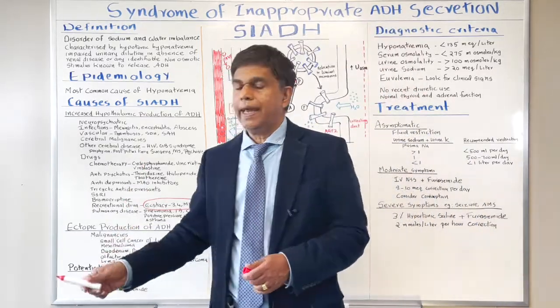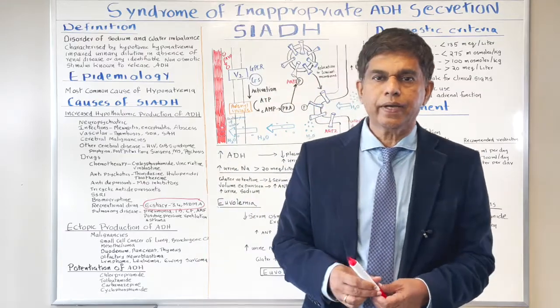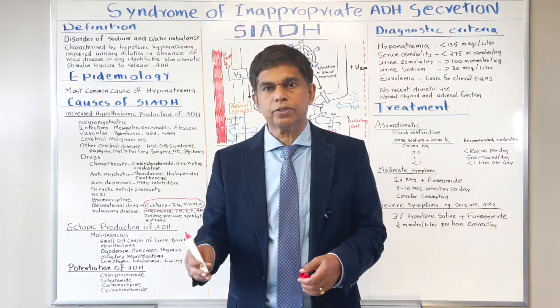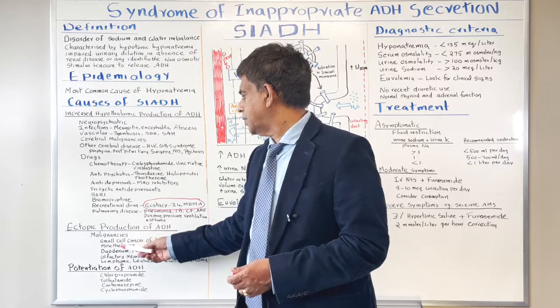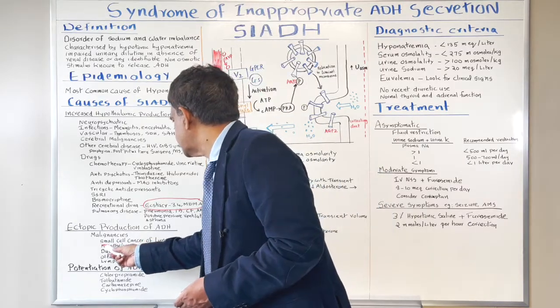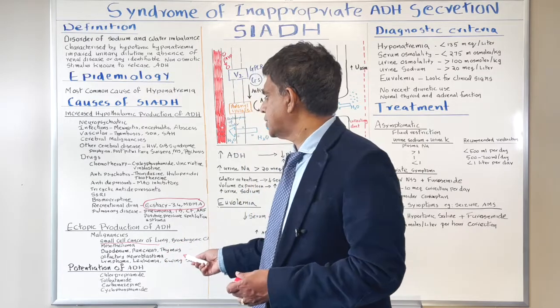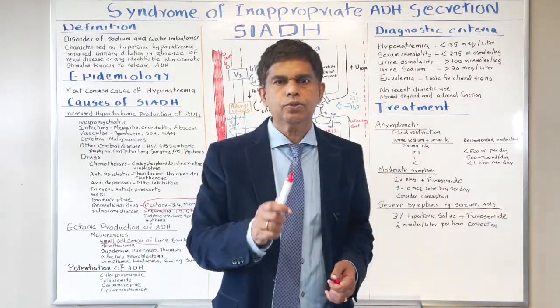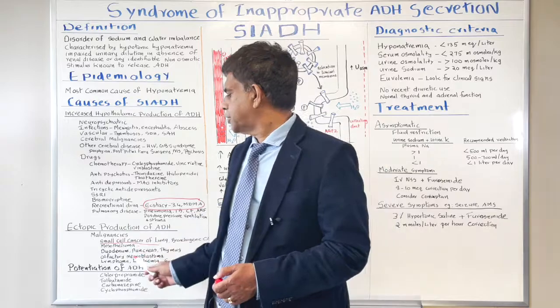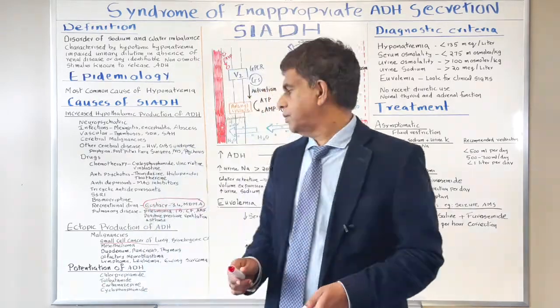And then we look at the ectopic production of ADH, right? What are the causes of ectopic production of ADH? The main thing you have to know is small cell cancer of the lung. Another examination question, okay? Bronchogenic carcinoma, mesothelioma. If I have to write a question, I always write about small cell cancer of the lung. That's the most important thing I'm going to write, okay?